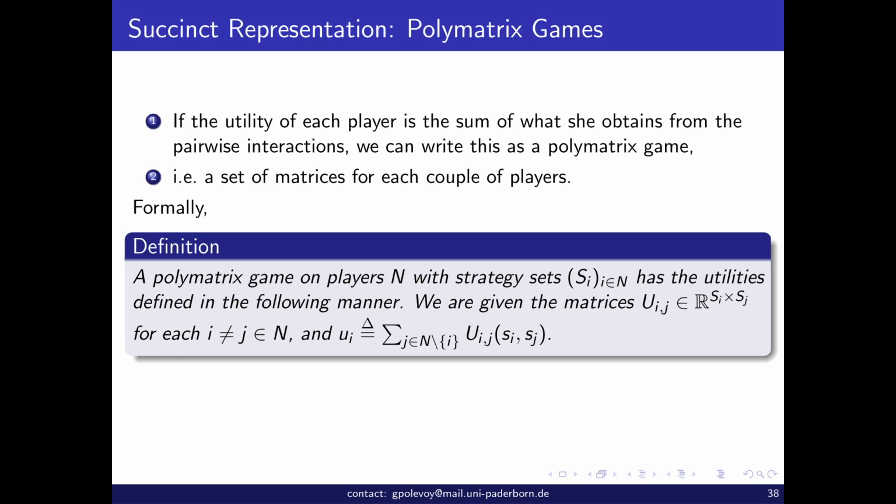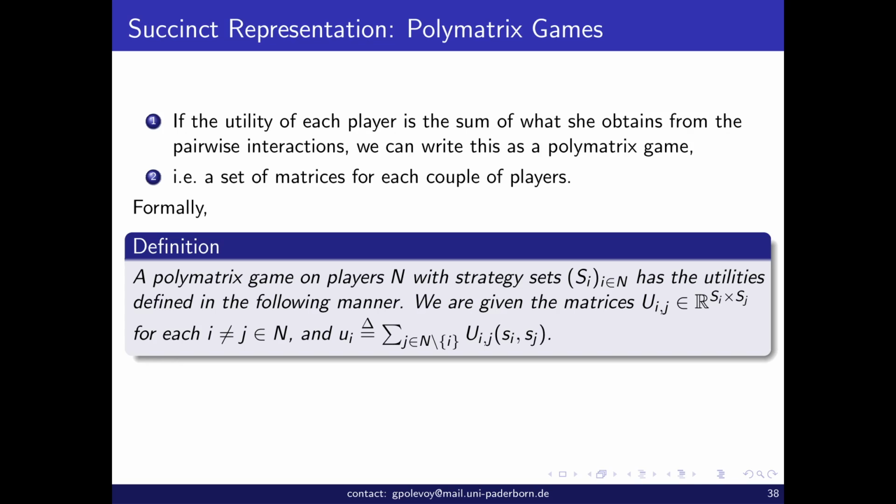Another succinct game is the Polymatrix game. Unlike graphical games, which are generic, so every game can be looked at as a graphical game, simply that if the graph is not sparse, it's not interesting, Polymatrix games are different.